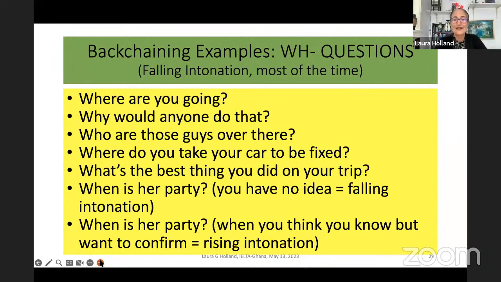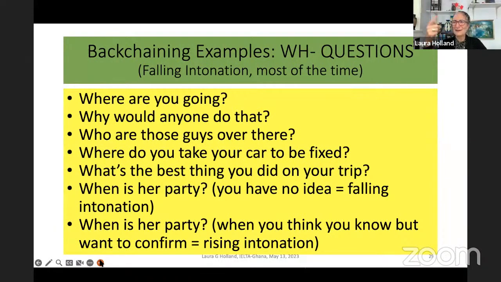So let's try one of these. Let's try, why would anyone do that? There's so much craziness going on in the world, I ask this question every day. Okay, first time, why would anyone do that?